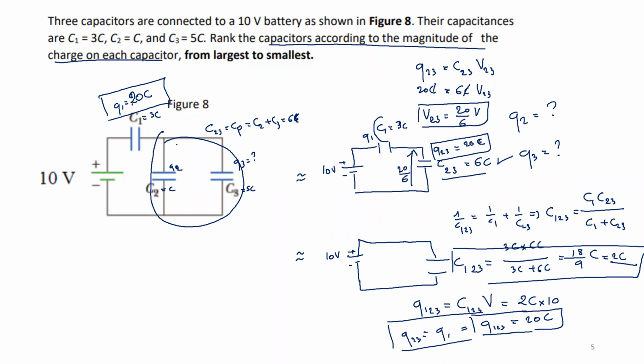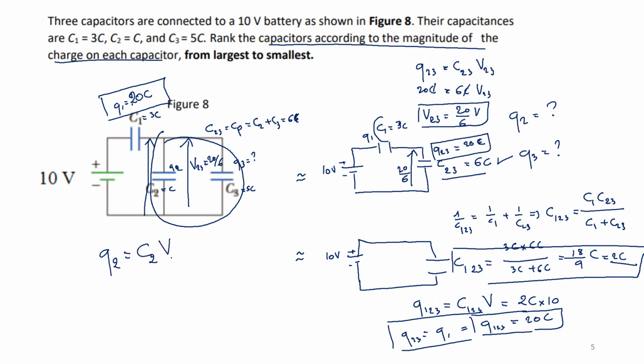So I know the voltage across here. V2 free is 20 divided by 6. So that means Q2 will be just capacitance 2 multiplied by the voltage across 2.